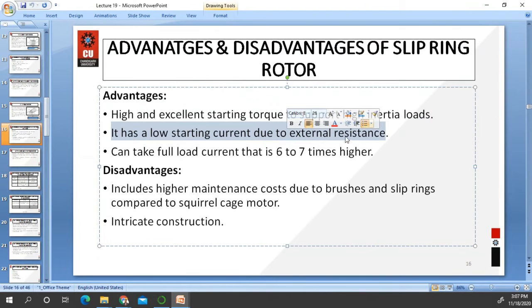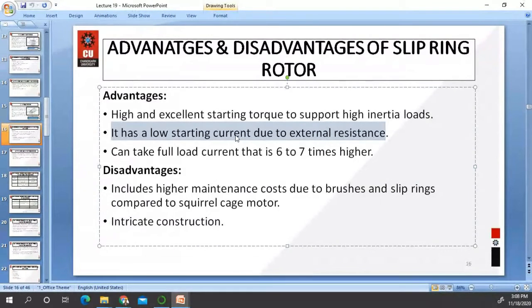When you connect your star connection to these brushes, this external resistance creates low starting current. So is it an advantage or disadvantage? Low current is passing through that motor.